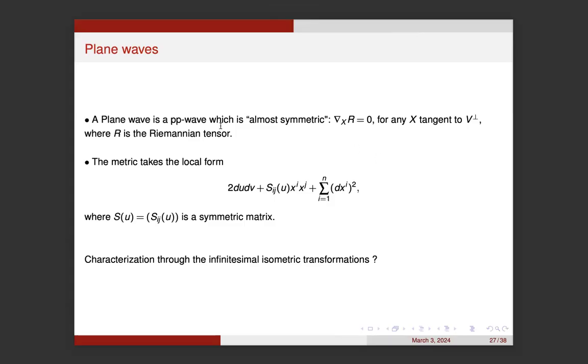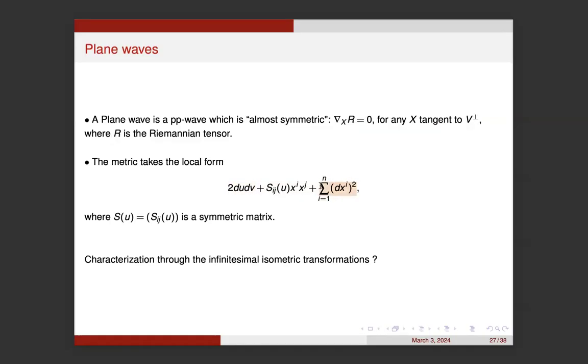It is defined as a PP wave with this extra condition on the Riemann tensor. This is also equivalent to having local coordinates in which the metric takes this form here. Remark that when S equals 0, I get exactly the flat metric.